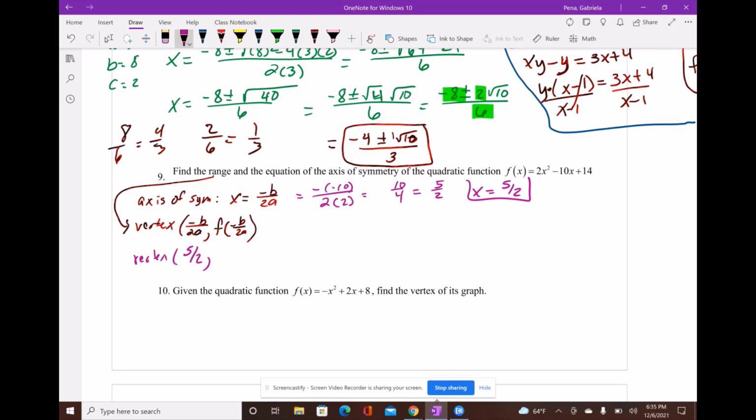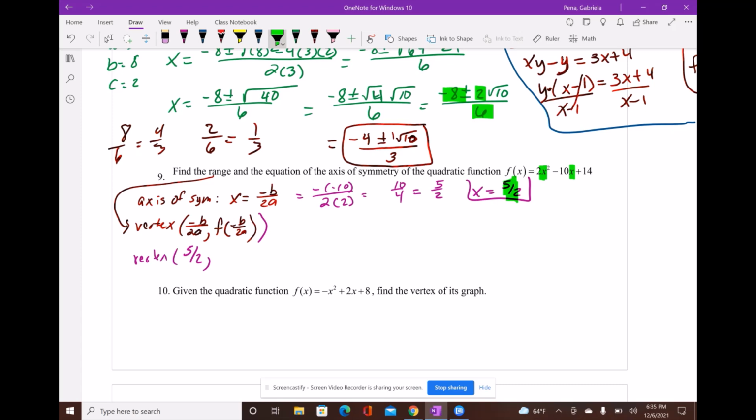But now I have to do f of negative b over 2a. What does that mean? I have to plug in 5 over 2 into 2x squared minus 10x plus 4. Very good. I have to plug in this number for every x.